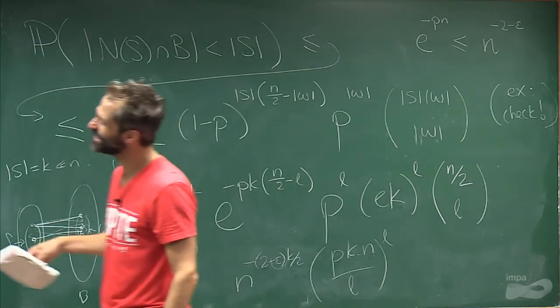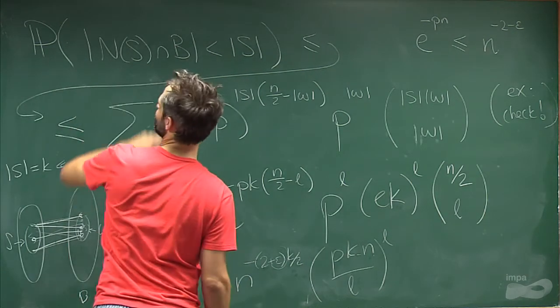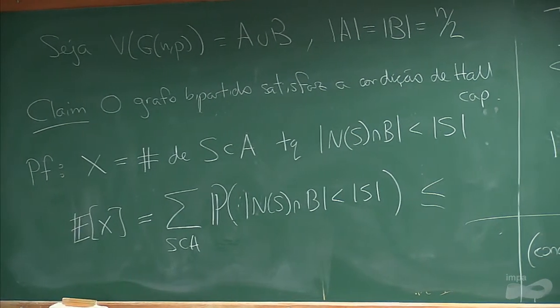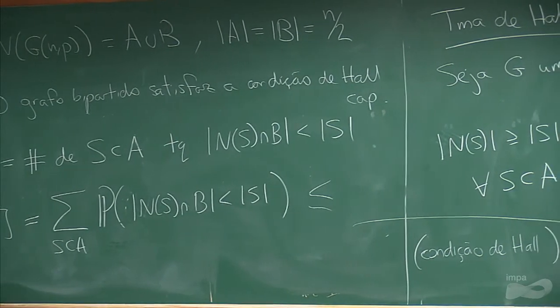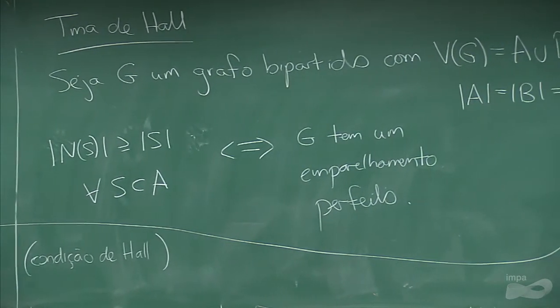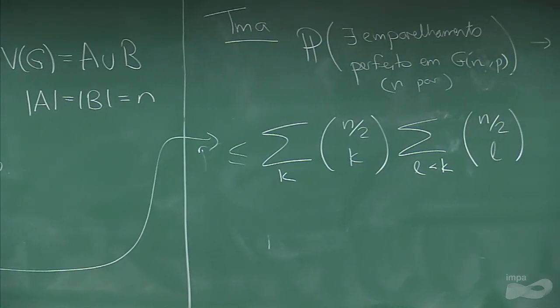So I try to write that out slightly more fully. So what we're really doing here is computing the expected number of copies of S in A. So all of this thing is at most sum over k, which is the size of S, sum over choices for S, times sum over the size of the neighborhood of S, that's less than k, sum over choices for the neighborhood, times the probability that it's the neighborhood.